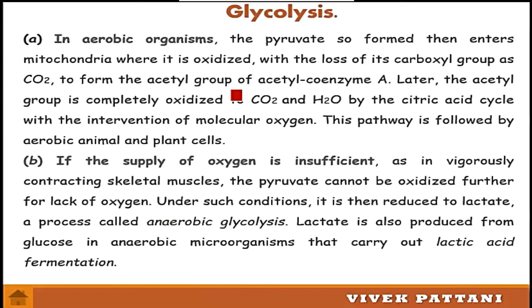So the pyruvate so formed then enters the mitochondria, whereas in the case of bacteria there is no mitochondria, only the cytoplasm. There it is oxidized with the loss of its carboxyl group as carbon dioxide to form the acetyl group of acetyl coenzyme A. The acetyl group is completely oxidized to carbon dioxide and water by the citric acid cycle or Krebs cycle, with the intervention of oxygen.